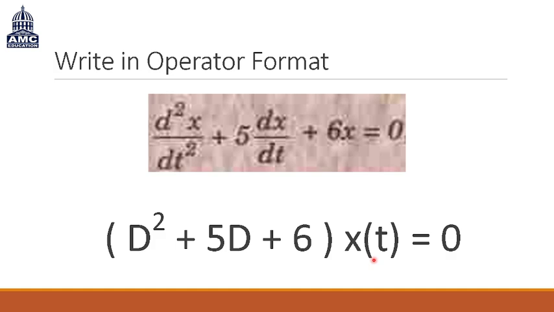Once you substitute the values over here, the first one becomes D squared x plus 5 Dx plus 6x is equal to 0, and we get (D squared plus 5D plus 6) of x is equal to 0. It's not a multiplication, it is an operator acting on x. I mean, writing the t here, you might want to skip this t from here, but just for the sake of clarity and brevity, I have mentioned it there.